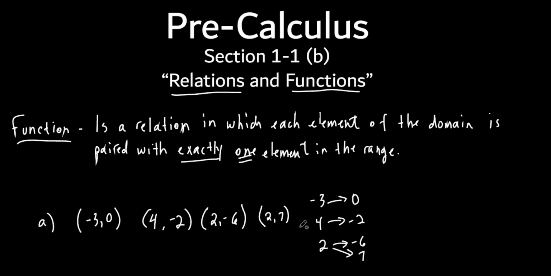So all 4 of these would not be a function. But the 3 that we started with, is that considered to be a function? Yes, because each element of the domain, each x, is paired with one and only one value of y. Okay? Does that make sense?